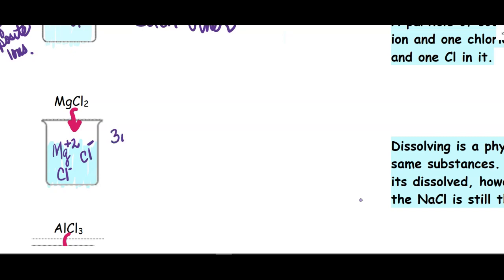So 3 ions from each compound particle. And of course, there are millions of these, but we're talking at the particle level when we show the beaker picture.